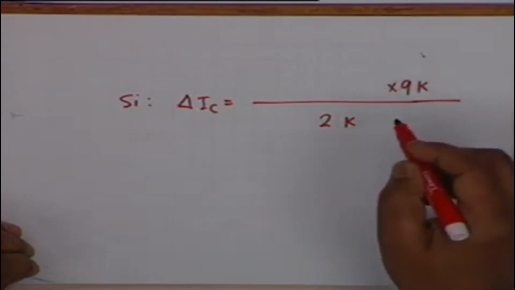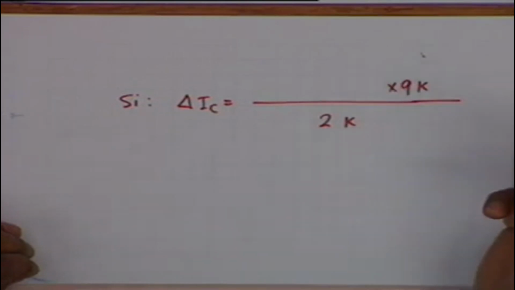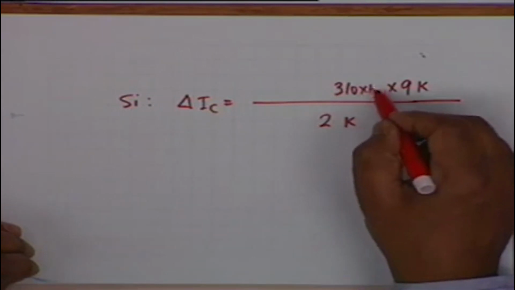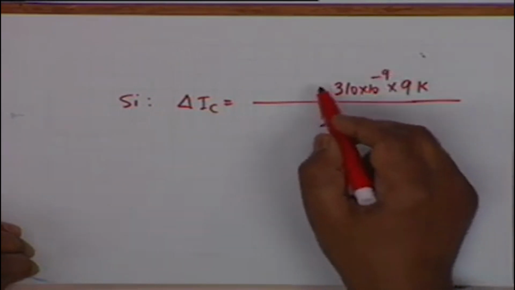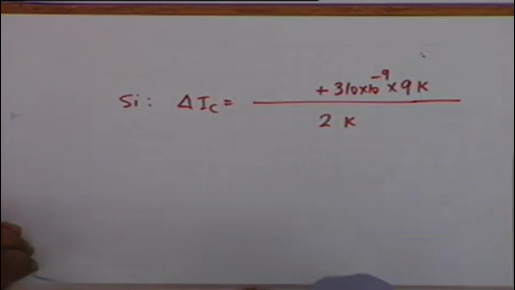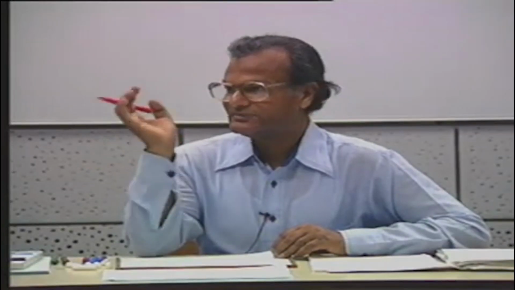Then delta ICBO for silicon would be 31 times 10 to the minus 10, so 310 multiplied by 10 to the minus 9, then plus, now you see what happens, delta VBE actually decreases with rise of temperature.